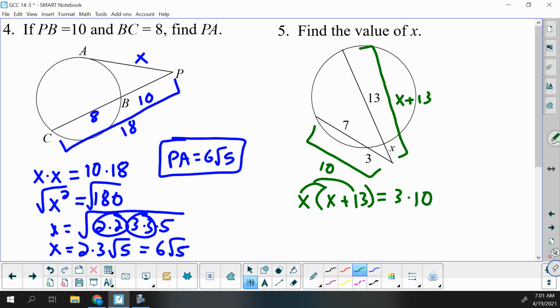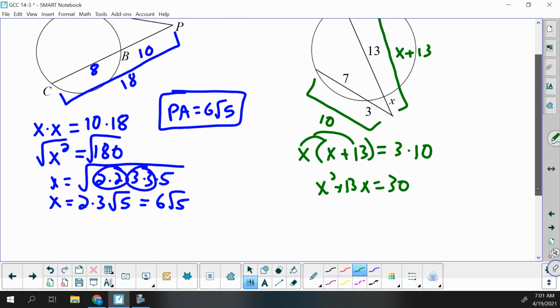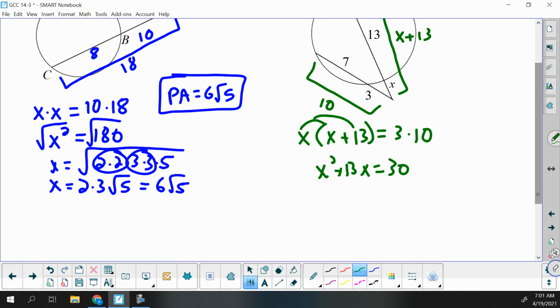If we distribute the x, we'll get x squared plus 13x is equal to 30. We've got both x squared and x, so we want to get everything on the same side so it's equal to 0. So we'll subtract that 30 over. So that's x squared plus 13x minus 30 equals 0.